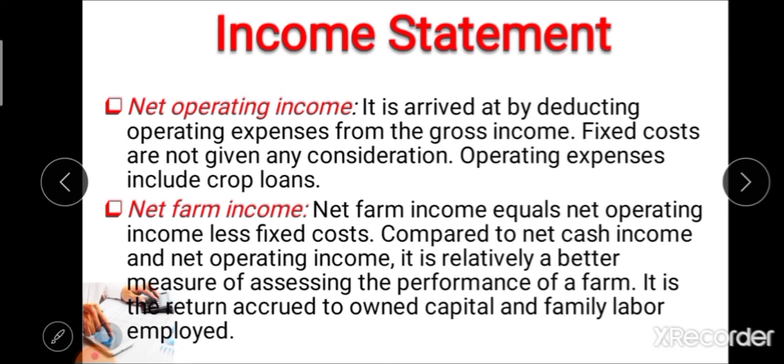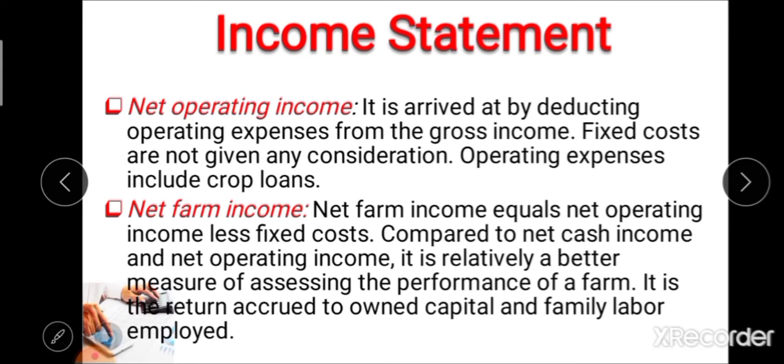After that, the next one is net farm income. Net farm income equals the net operating income less the fixed cost. Compared to net cash income and net operating income, it is a relatively better measure of assessing the performance of the farm, and it is the return accrued to own capital and family labor employed.